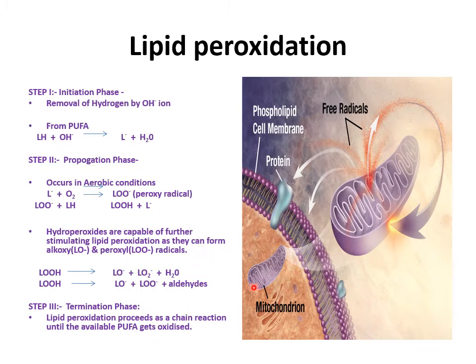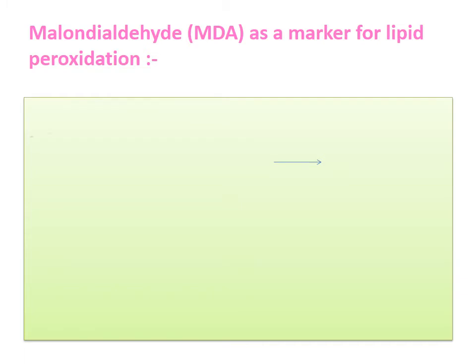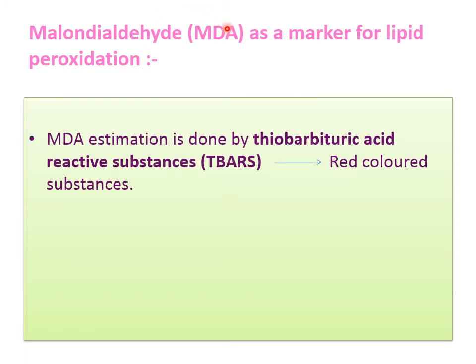Now, how is lipid peroxidation estimated? It is estimated by MDA, malondialdehyde, which is a marker. With the initiation of lipid peroxidation, a product known as MDA is produced, which is the marker for lipid peroxidation.